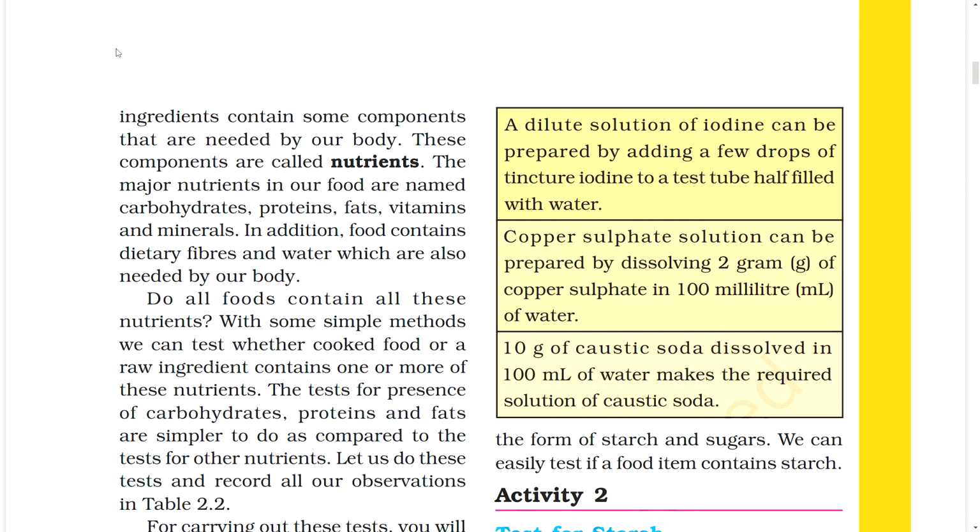With some simple methods, we can test whether cooked food or raw ingredients contain one or more of these nutrients. The tests for the presence of carbohydrates, proteins and fats are simpler to do as compared to the tests for other nutrients. Let us do these tests and record all our observations in the table.